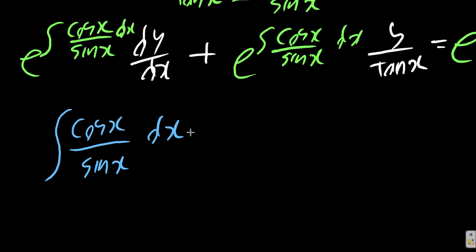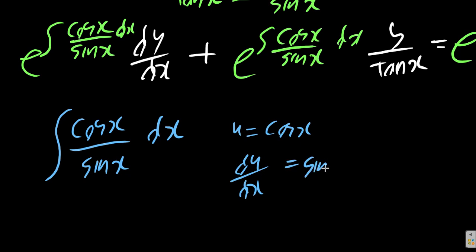I know it might be tempting to use the substitution variable u as cos x. If you do that, u is equal to cos x, so du by dx would be sine x, and then dx is equal to du over sine x.